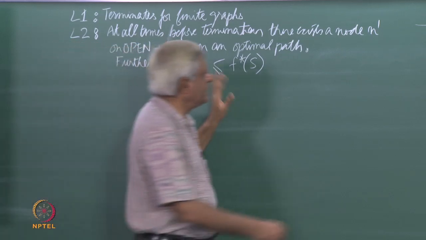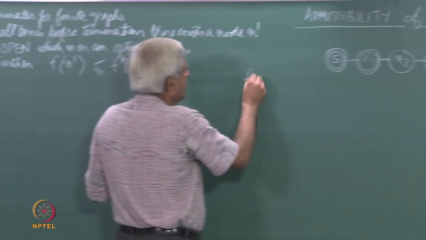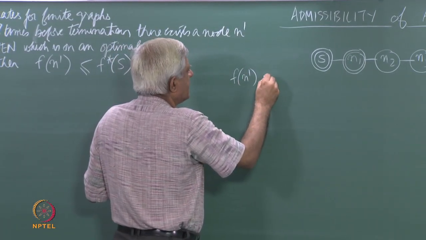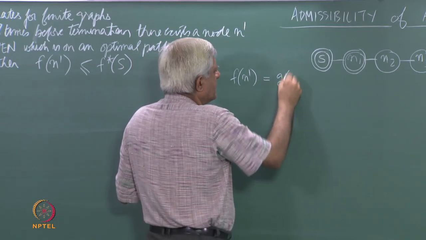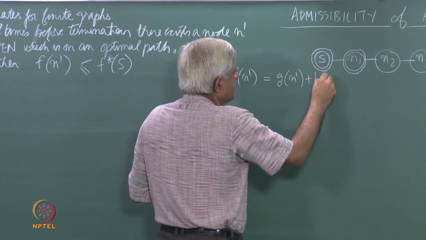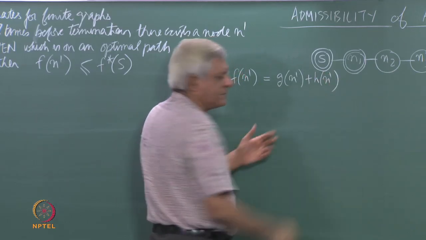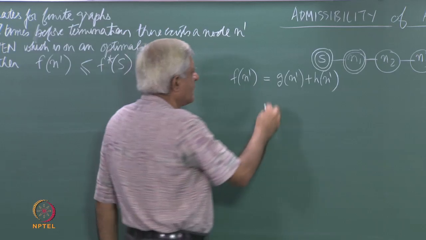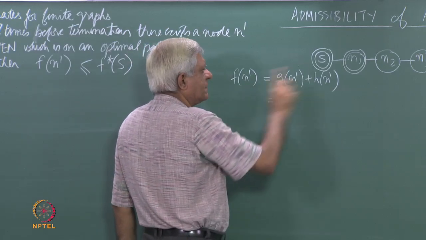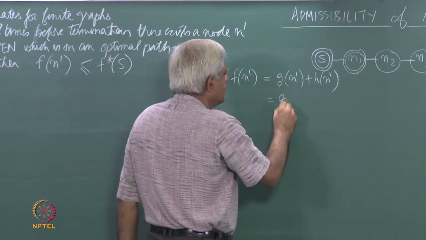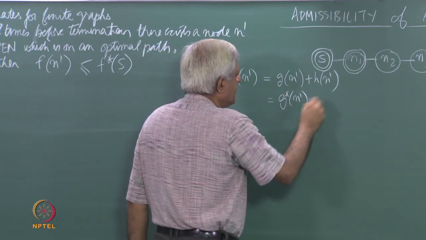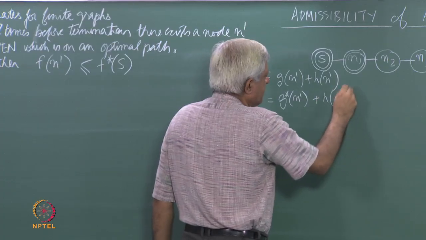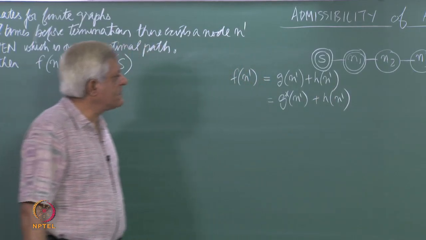So, what is the argument behind this? You can say that f of n prime is equal to g of n prime plus h of n prime, that is by definition of what the f value is. Now, because it is on an optimal path, we know that this is g star of n prime plus h of n prime.